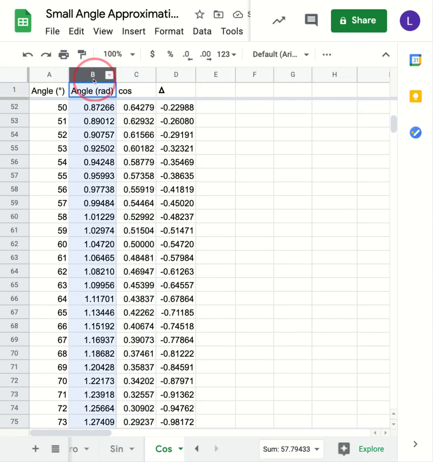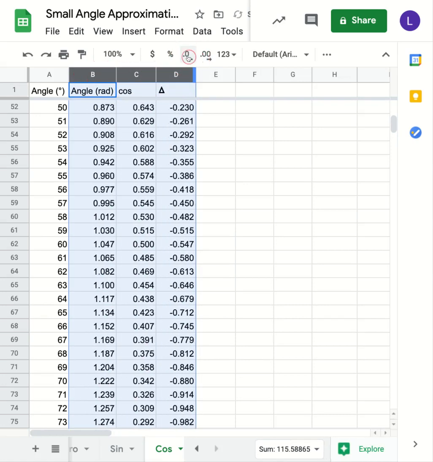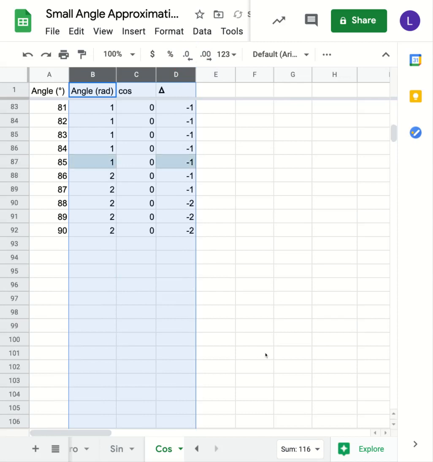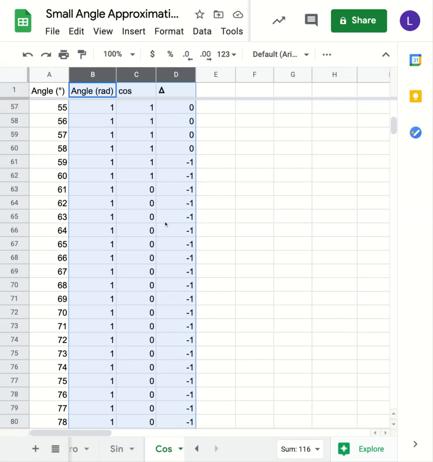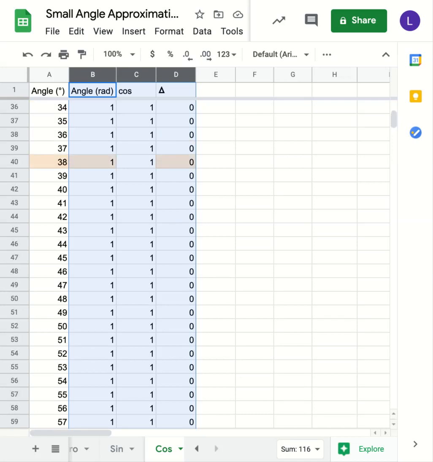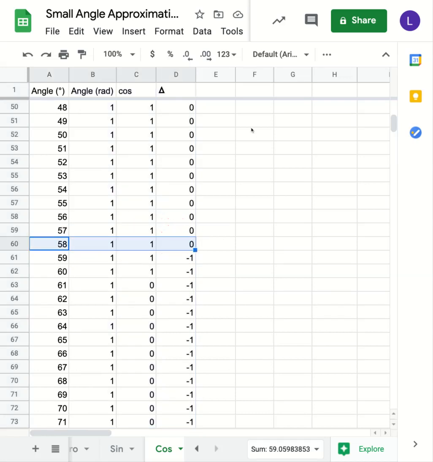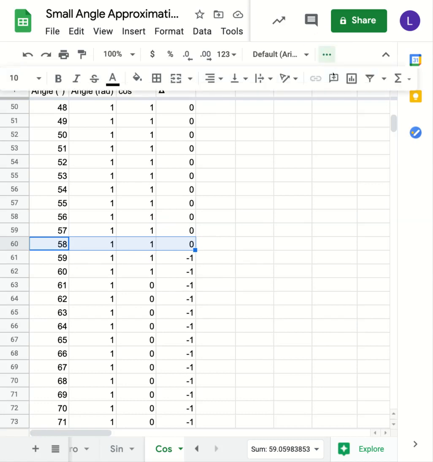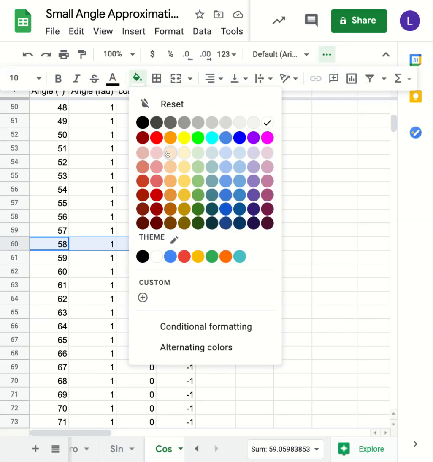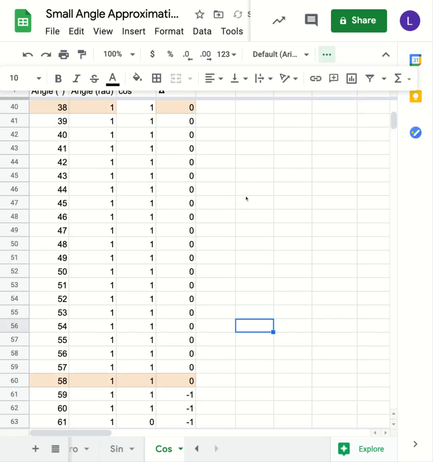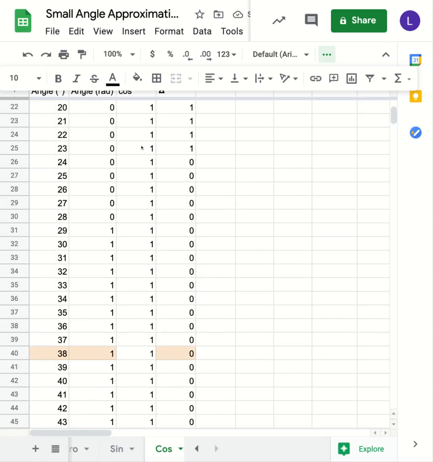And messy numbers, let's take it to one significant digit. So let's see where the difference is 0. Definitely not at large angles. It goes down to 1 at 0. From 58, it becomes 0, all the way to 24.